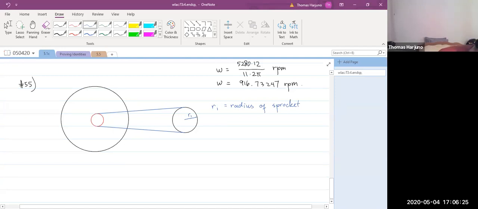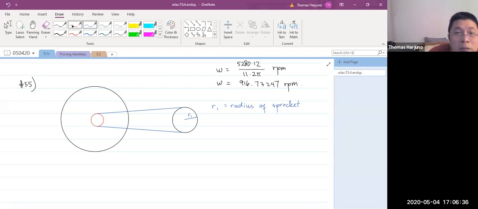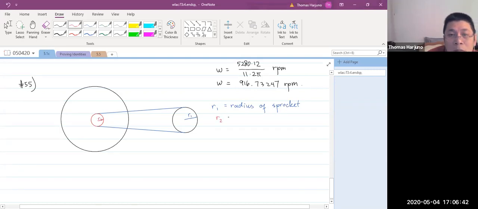Then R2 is the radius of this one, sprocket 2.